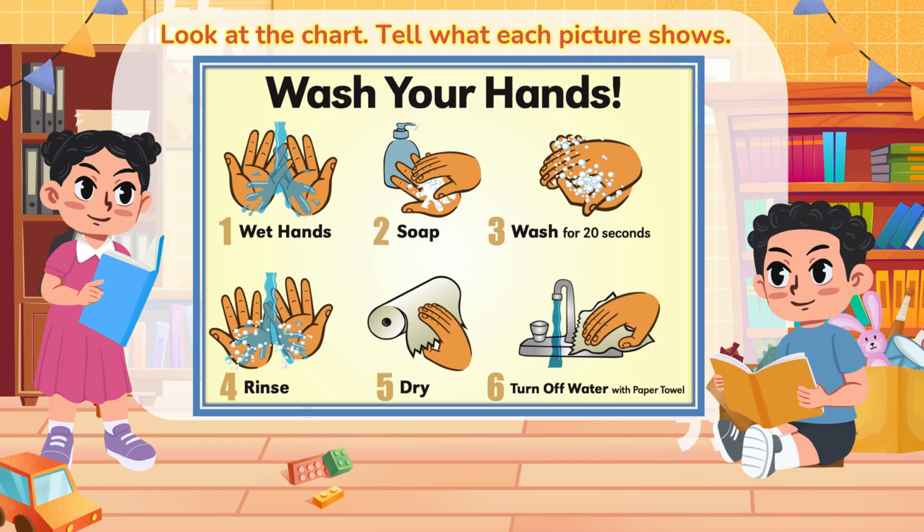Number 2, it says soap. Number 3, it says wash for 20 seconds. Number 4, it says rinse. Number 5, it says dry. And number 6, it says turn off water with paper towel.